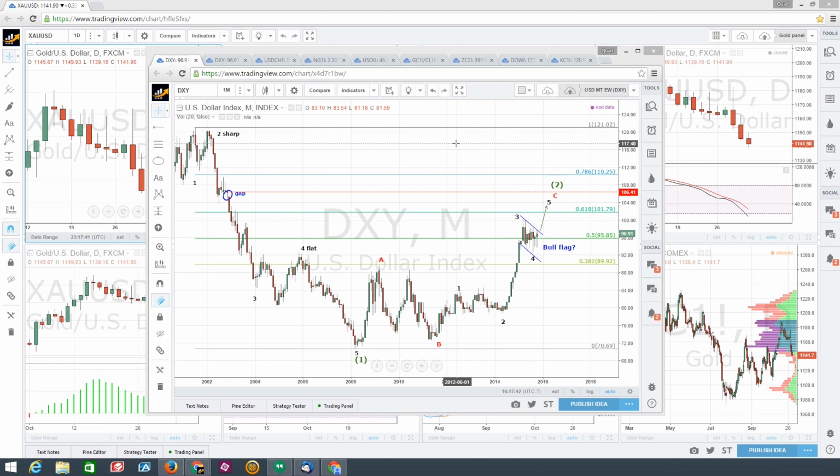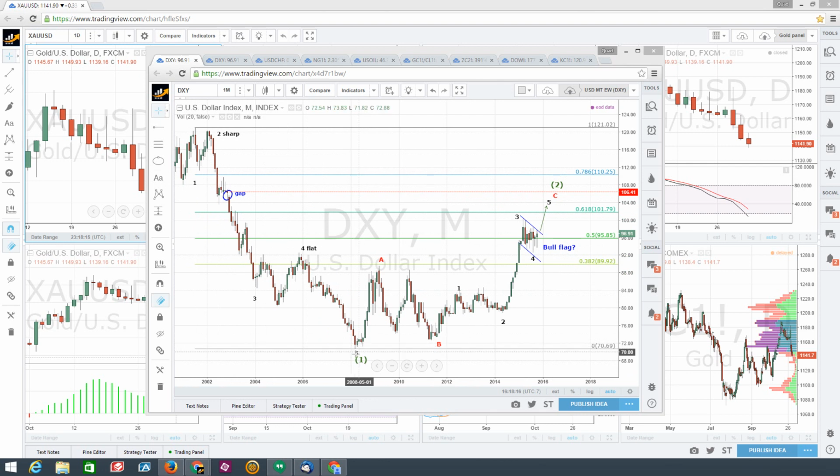So here we are looking at the US dollar and the long-term view, starting all the way back here in 2001 into 2015. And what I'm seeing here is we've got this impulse to the downside: 1, 2, sharp 3, A, B, C flat for 4, and then a final fifth into a wave 1, or possibly a wave 2, or not a 2, wave A, possibly.